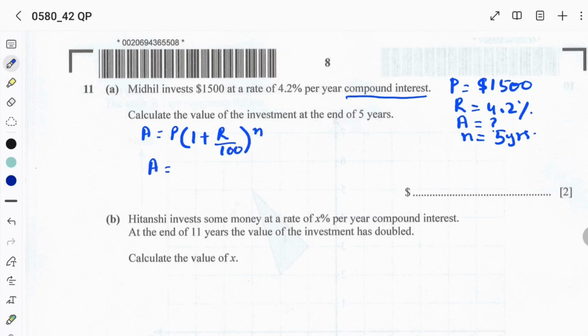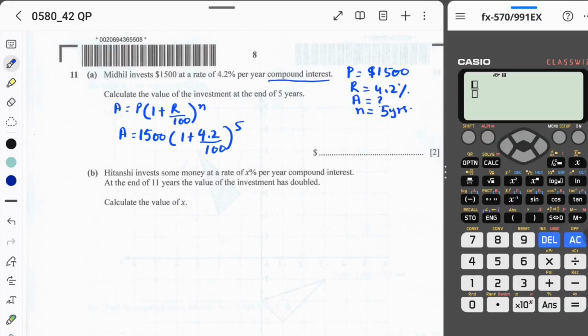Amount is equal to 1,500 times 1 plus 4.2 upon 100, bracket close, and then we put the power.